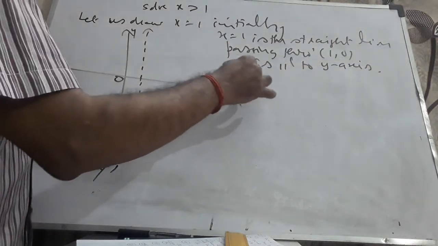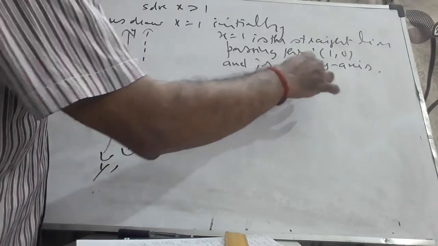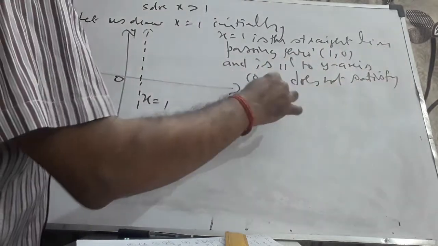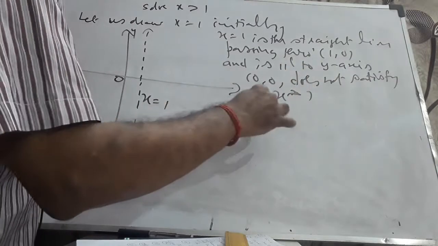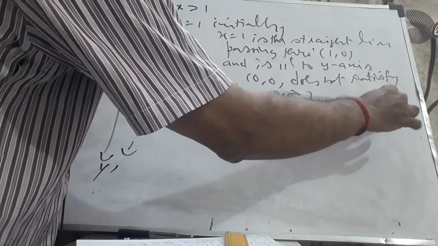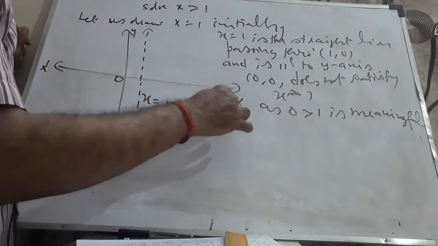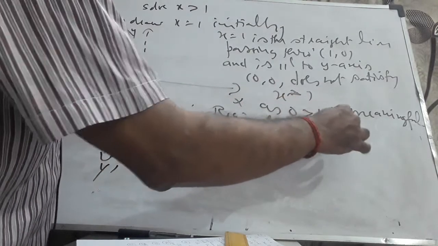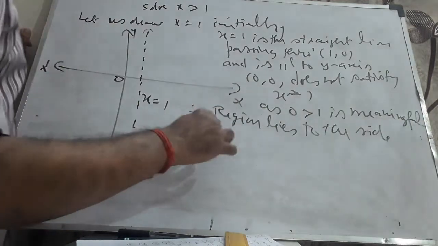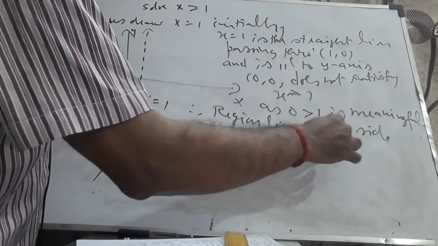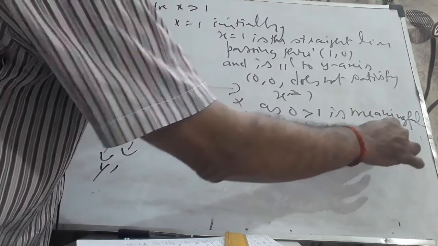Now (0, 0) does not satisfy x greater than 1, as 0 greater than 1 is meaningless. If I substitute the value, it doesn't satisfy. Therefore, the region lies to the side of x equal to 1 where (0, 0) does not lie.